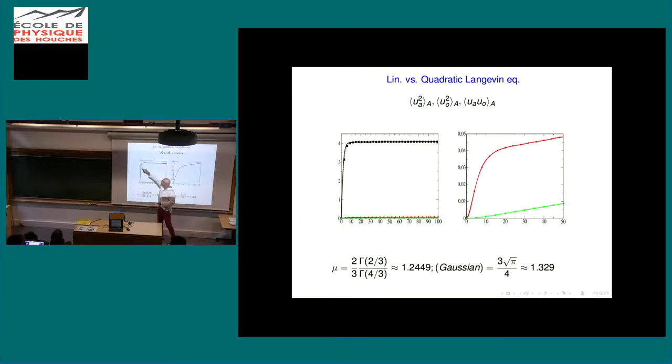Then the symbols give the result of the numerical integration of the linear stochastic differential equation. And the full line gives the integration of the quadratic stochastic differential equation. And they both agree almost perfectly.